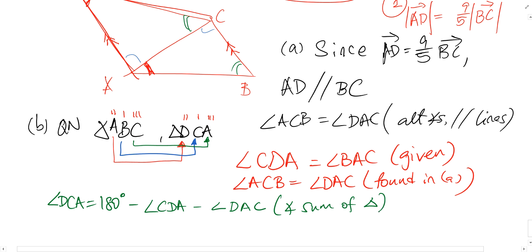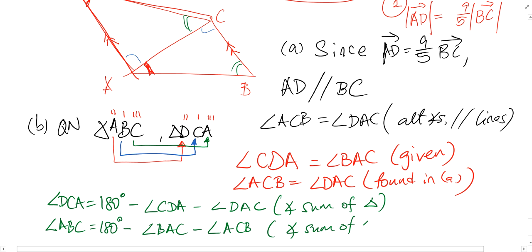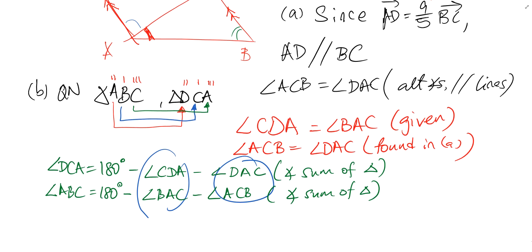Then we see that actually DCA is the same. We've got a corresponding angle of ABC, which is also 180 minus angle BAC, minus angle ACB. So again, angle sum of triangle. Since all these are the same, then of course our remaining angle must be the same.